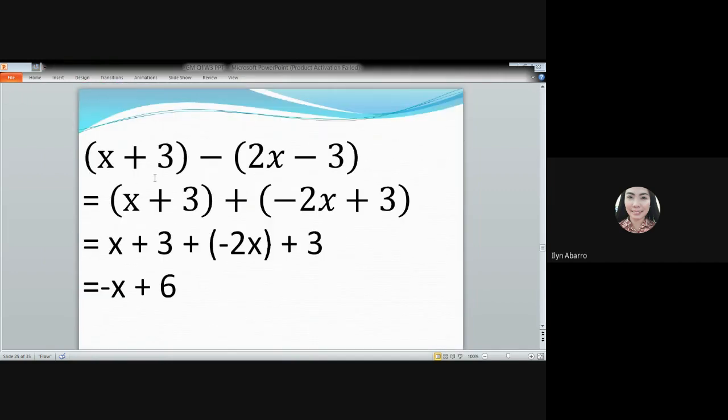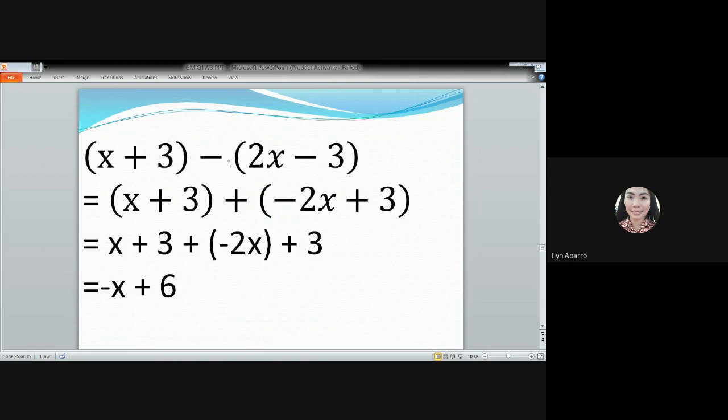Okay. X plus 3 minus 2x minus 3. So our operation here is subtraction. Okay? So whatever I taught you in subtraction of integers, that is also applicable on the subtraction of polynomials.